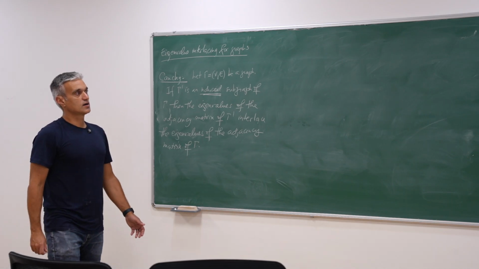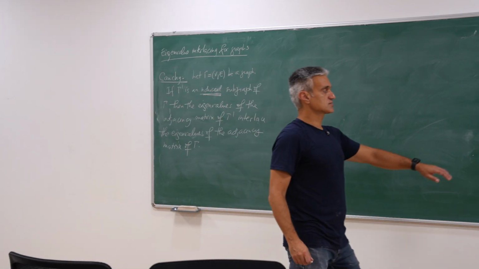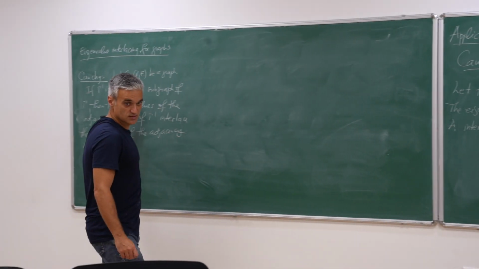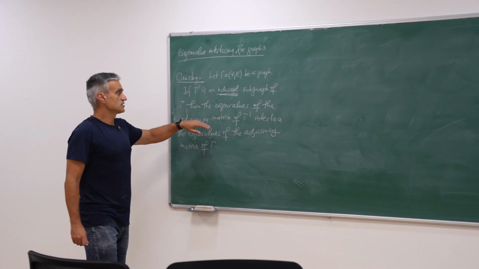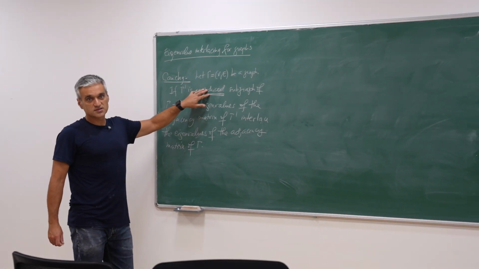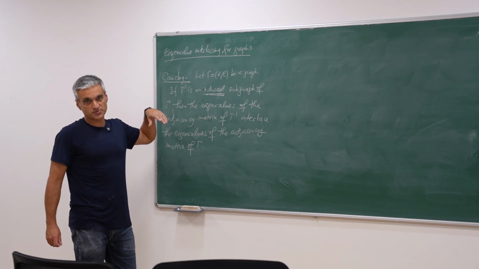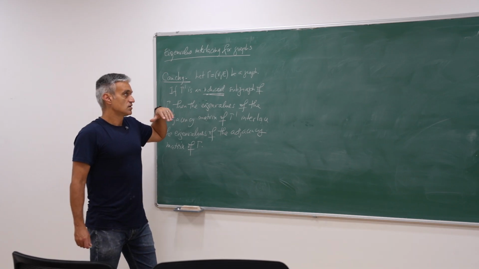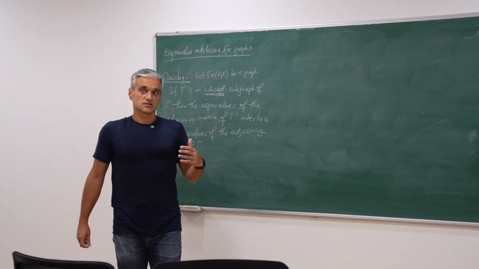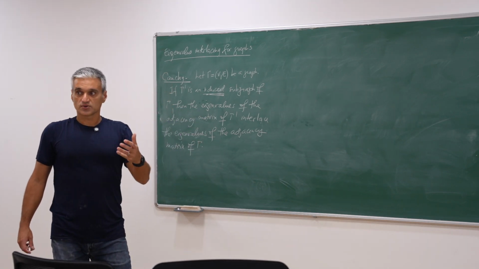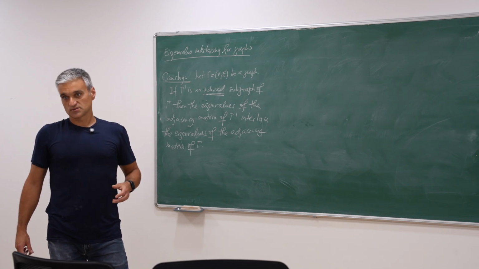Okay, so it's clear how this implies this, because the easiest way to remember what an induced subgraph is, is that it's a subgraph obtained from the original graph by deleting some vertices, possibly none.